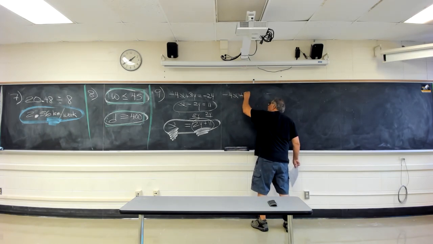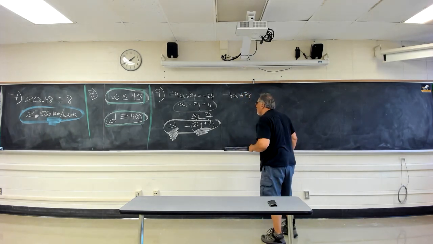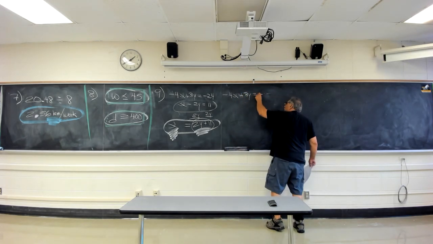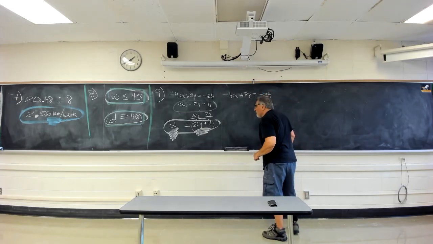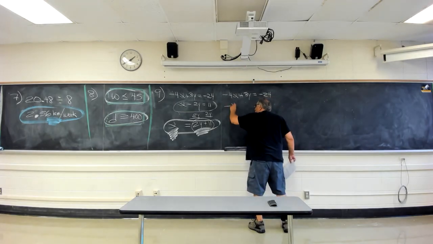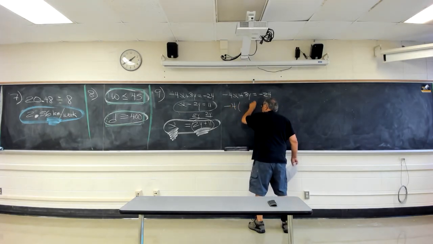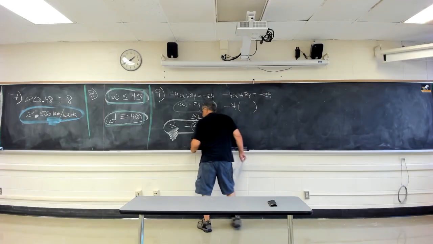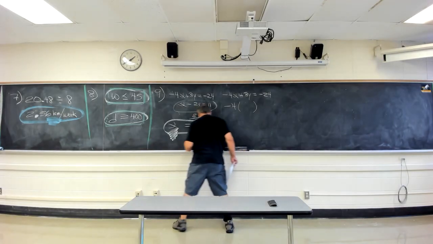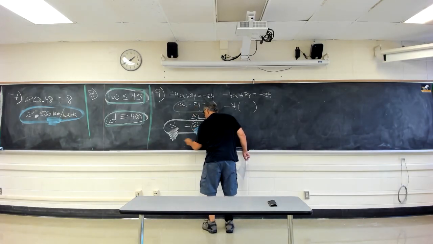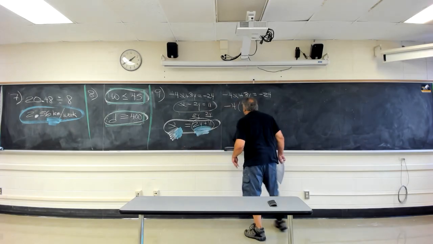So we see this right here. Negative 4 times x. We just said x is going to be equal to this. Wherever you see the x, you're using this, 2y plus 11.